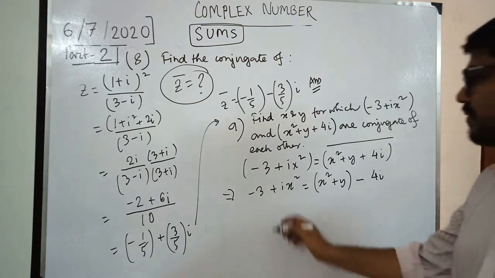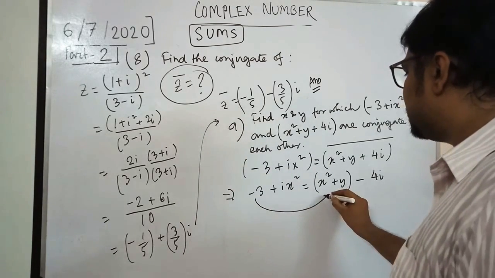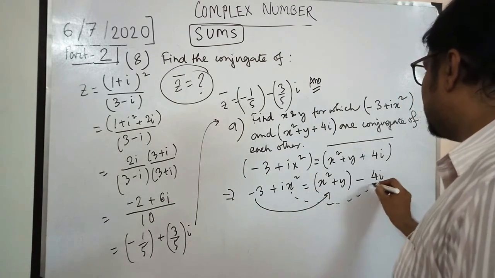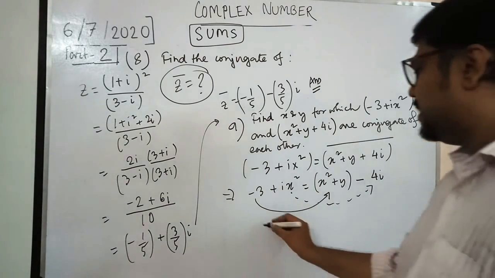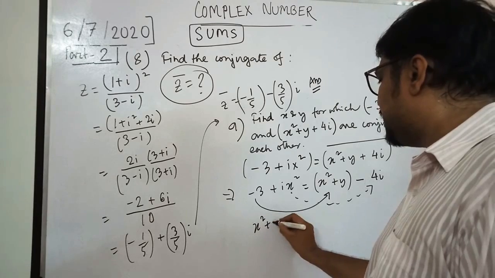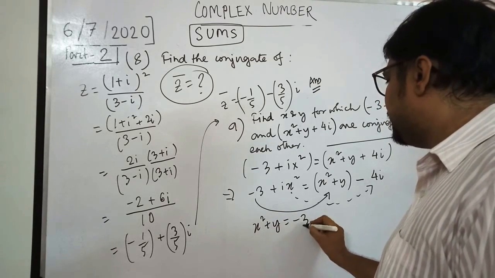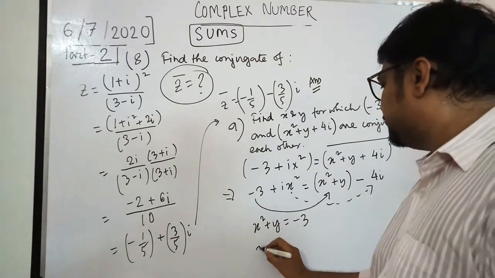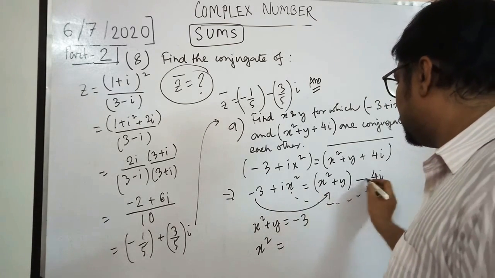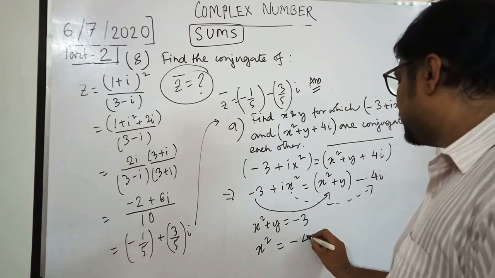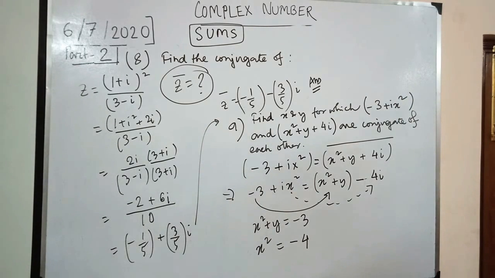So again, now we compare this with this and this with this. That is real and imaginary parts. So we write over here that therefore x square plus y is equal to minus 3, and here we get x square equals to minus 4. So these two things we write over here.